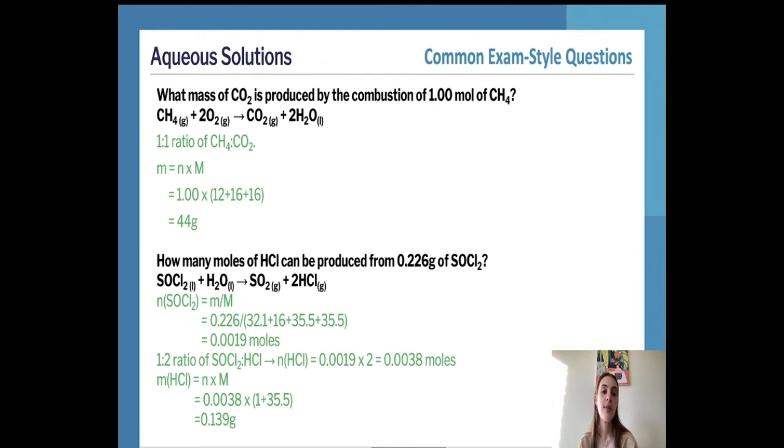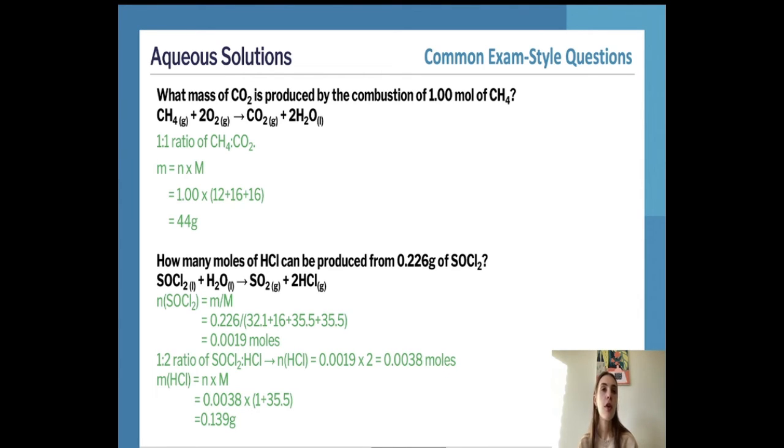0.139 grams of HCl. I think that's really important to note because it really shows how important it is to remember to convert to moles. Remember, we started off with 0.226 grams of SOCl2, and we doubled that amount in terms of moles of HCl, but we've got a lot less, we've got 0.139 grams of HCl produced.